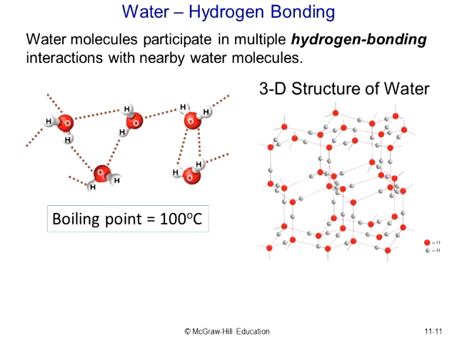When it does this, it builds up a 3D structure of water, where it's simply a network across network across network of partial positive hydrogen interacting with partial negative oxygen, over and over again.